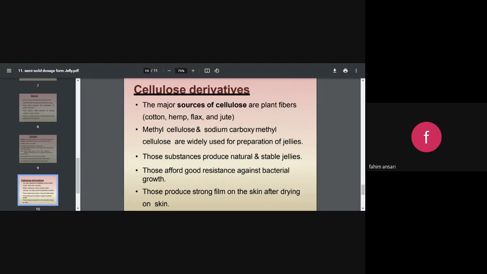Examples are methyl cellulose and sodium carboxymethyl cellulose, widely used for the preparation of jellies. These substances produce neutral and stable jellies because we can control the consistency of the cellulose derivatives. They produce a strong film on the skin after drying, and have good resistance against bacterial growth.